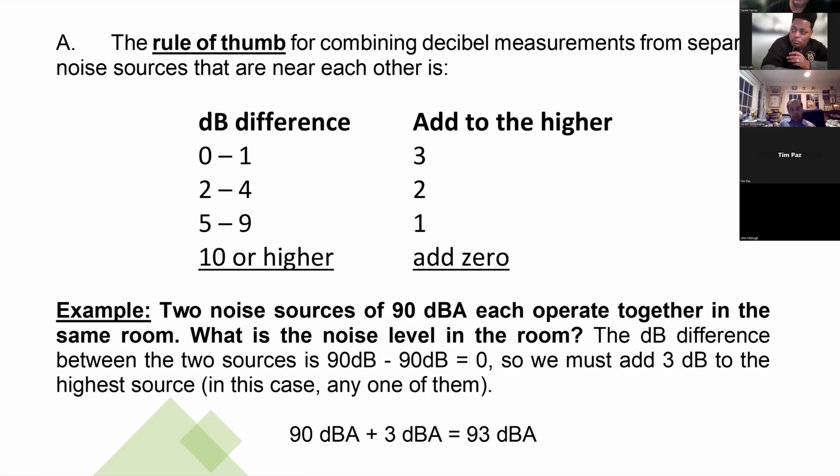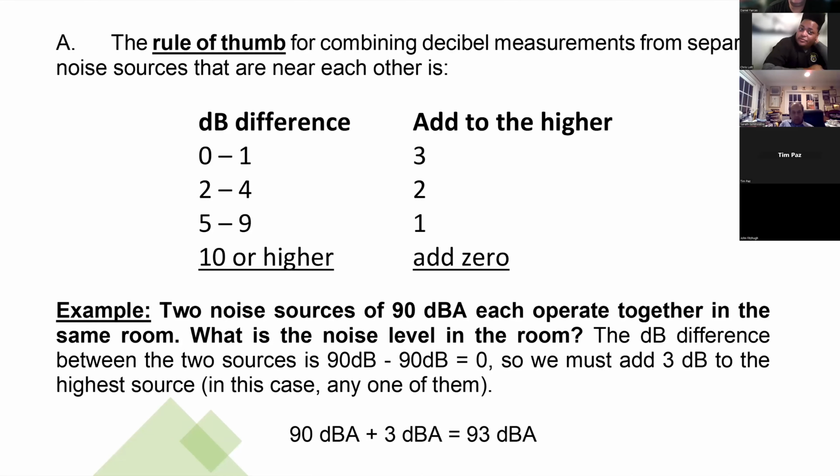Most of the time you can use it and you can speed up the calculations, and you'll see it's, let's say, 99.99% working. What happens if you add 0 decibels to 0 decibels based on this rule of thumb?